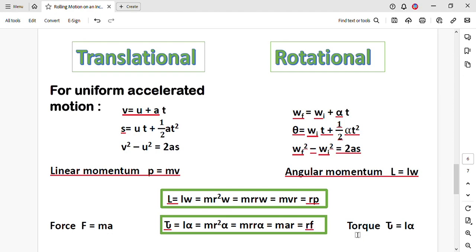Tau is torque. Torque equals I alpha and force equals ma. The role of mass in linear motion is played by moment of inertia. M is replaced by I, a is replaced by alpha, and F is replaced by torque. We can compare in this way.